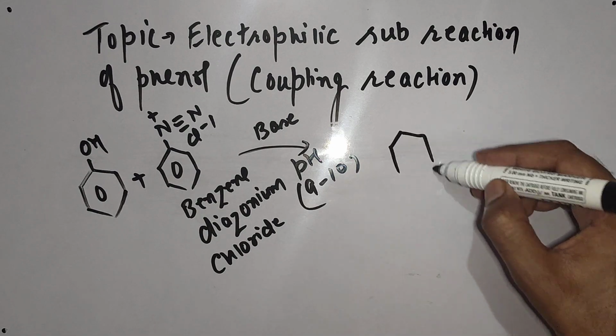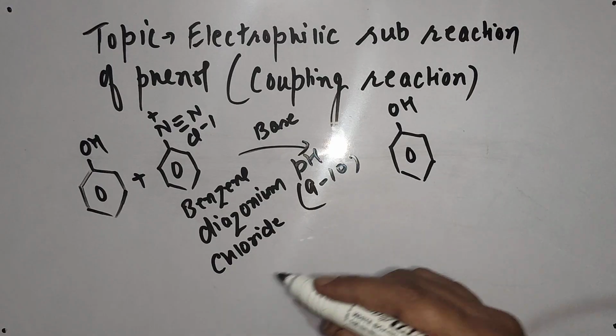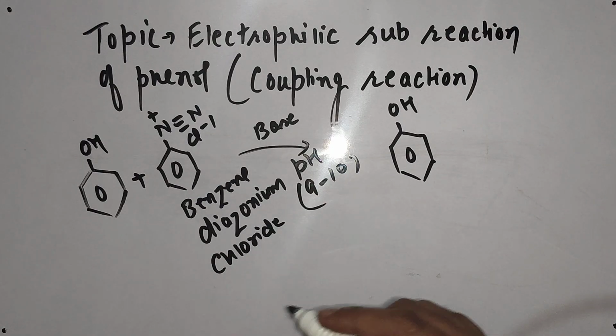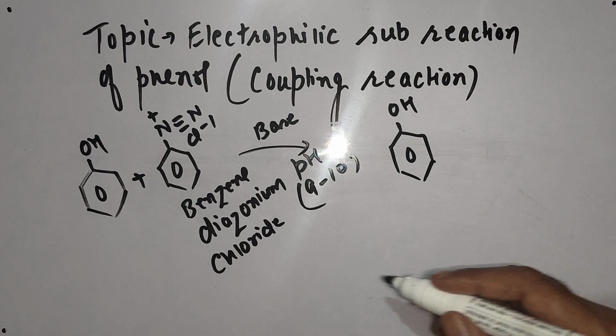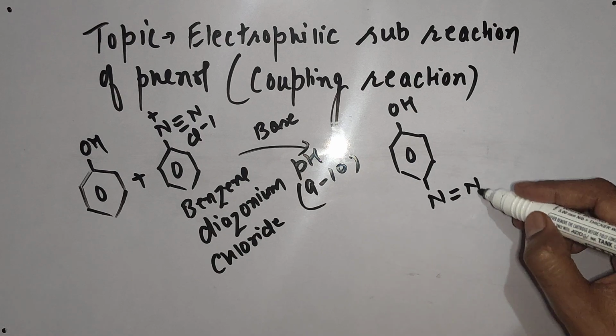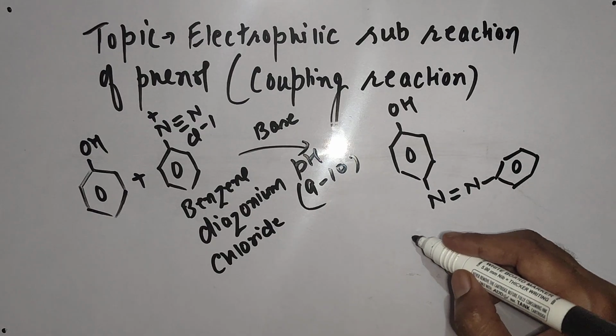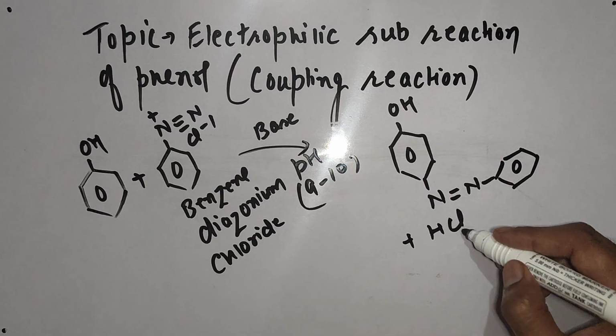What will happen? This benzene diazonium chloride compound is going to join this phenol on the para position like this. And the side product will be HCl.